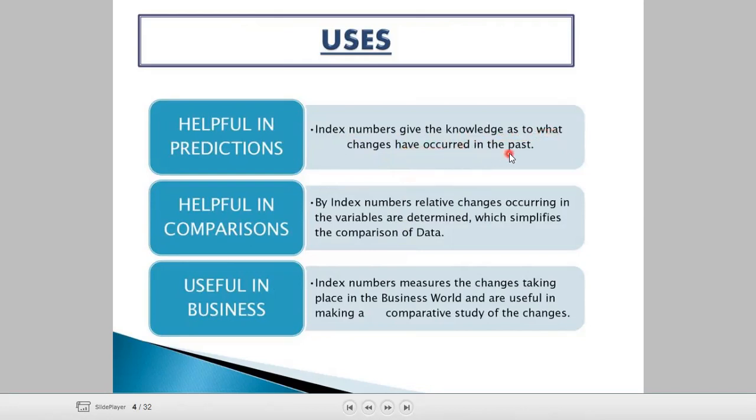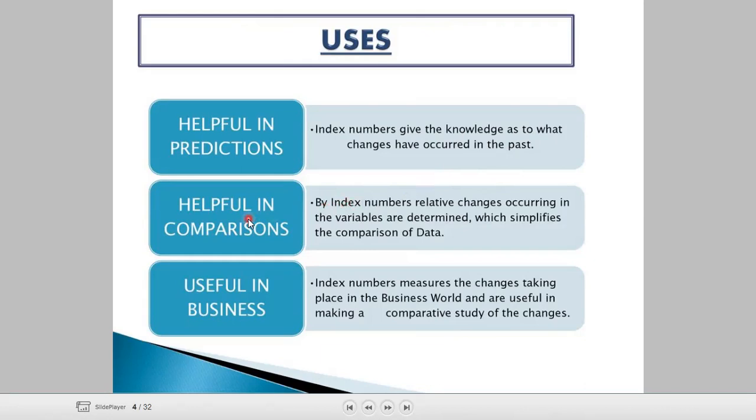That means with the help of the present index number, which we have calculated, we can compare the situation which was prevailing in the previous period, and on the basis of the present and previous information, we can frame the policies for future purposes and predict also what will be the effect in future for a particular change.